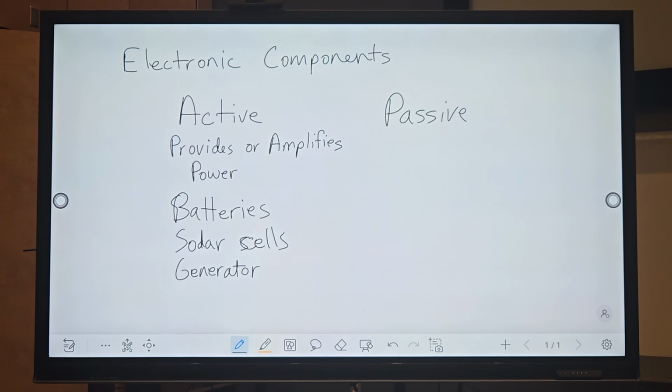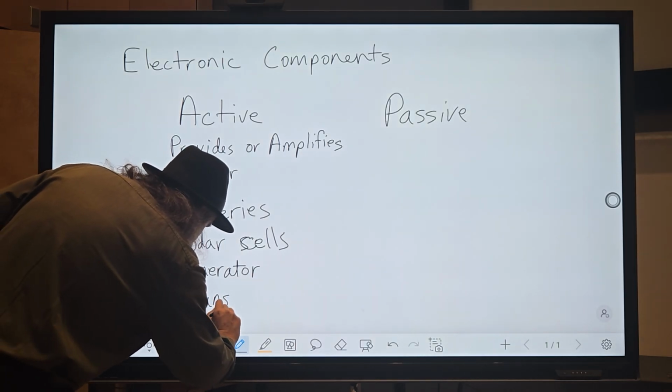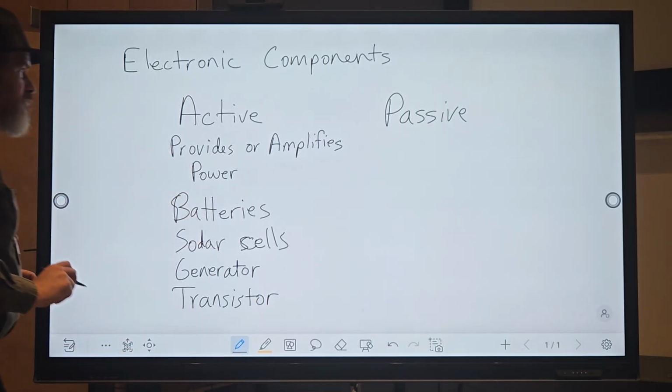Another component that we'll be looking at in a little bit of detail later on, a transistor, is an active component.